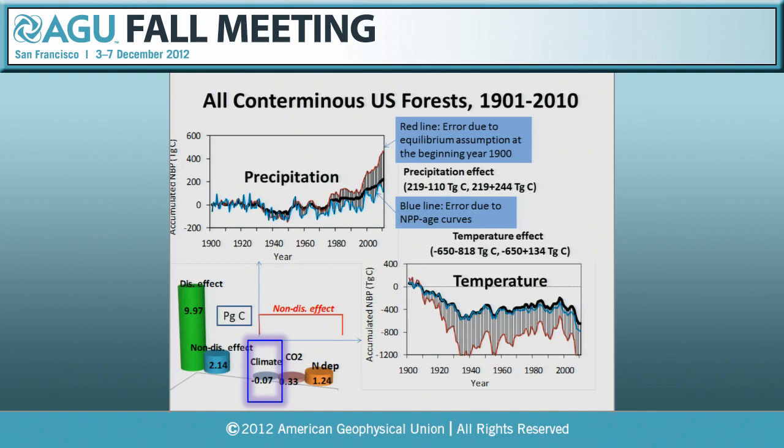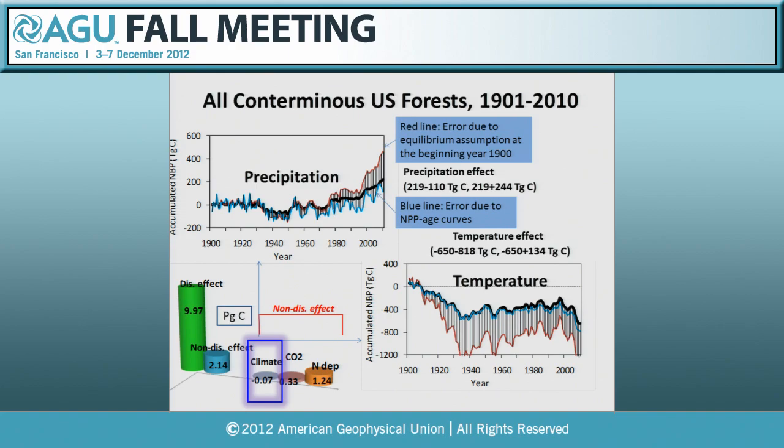This one is due to the age curve. They are more or less symmetrical along this mean value line, so we only show the bottom one. The temperature effect is mostly negative, and this is similarly due to the equilibrium assumption and also due to the NPP-age curve error.